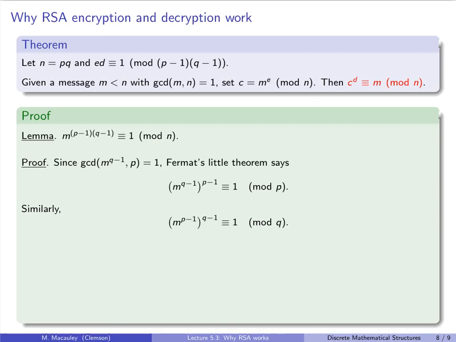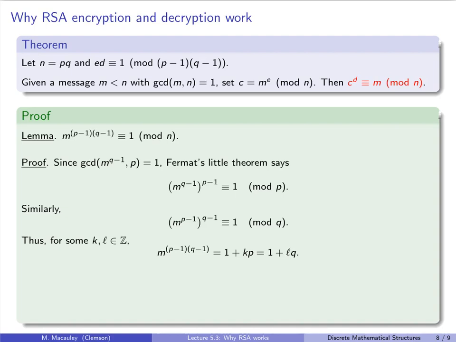So similarly, m to the p minus 1, to the q minus 1, is equivalent to 1 mod q. This means that for some integers k and l, m to the (p minus 1)(q minus 1) being equivalent to 1 mod p is equal to 1 plus k times p. So it's 1 more than some multiple of p.